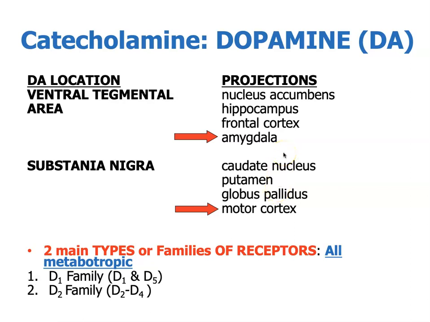If we think about what types of functions all of these different regions control within the nervous system, the nucleus accumbens is an area we know is important for pleasure, and this particular neuronal connection is important when looking at addiction.